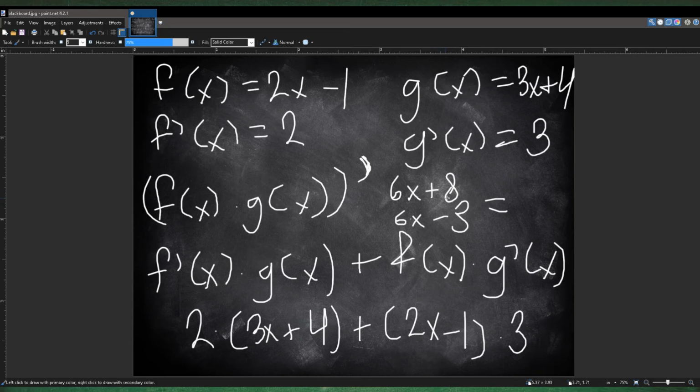If you add these together, 6x plus 8 and 6x minus 3, that makes 12x plus 5.